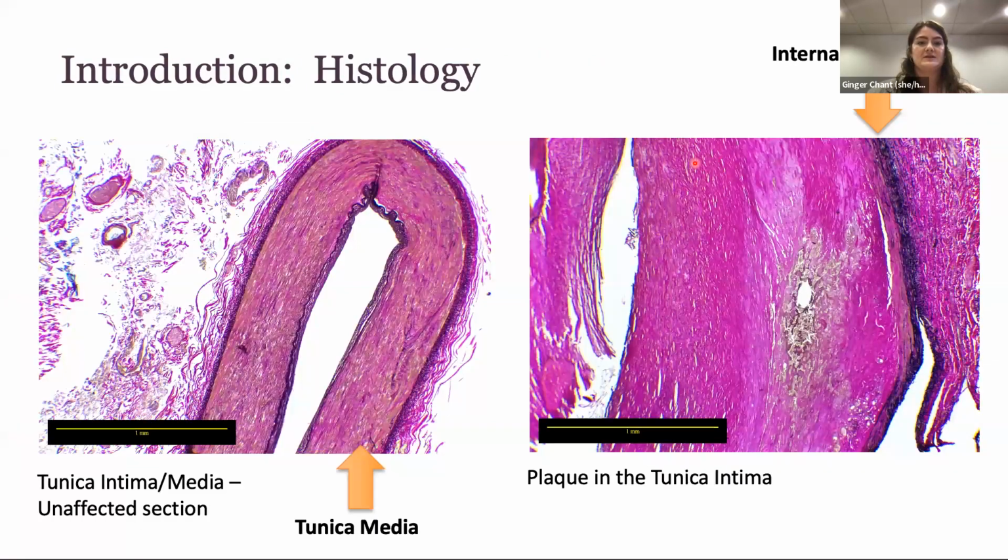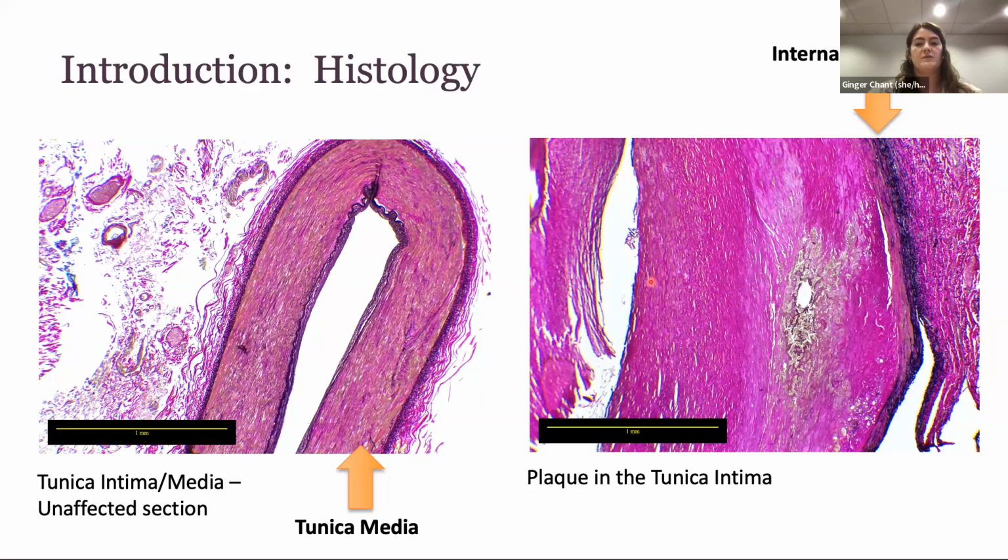And that's where this stain, which is Verhoeven-Giessen or an elastin stain, really came in handy, because we can see the tunica media, and then the black line is the internal elastic lamina. So the point of this stain was to really highlight that lamina. And as you can see, this internal elastic lamina is the same black line, but then all of this on top is plaque.